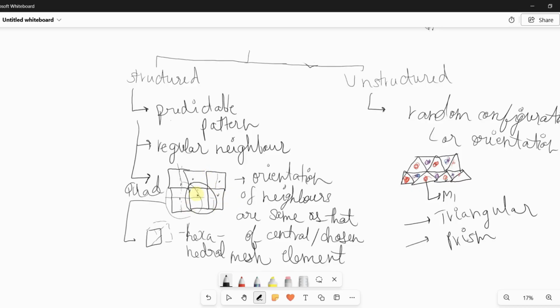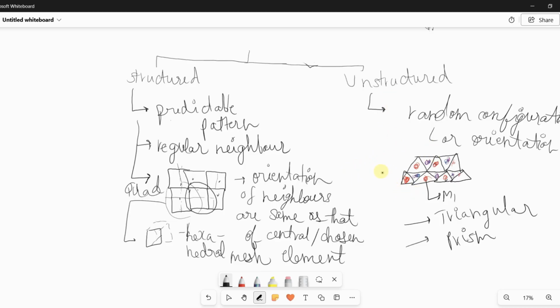All of them have axes parallel, right? And if you see the triangular one, here you have this triangle I've chosen. Here it is of opposite orientation. Here also it's opposite, here also it's opposite. Even though these are the same, since there are orientation differences between these two meshes, you call it an unstructured mesh.